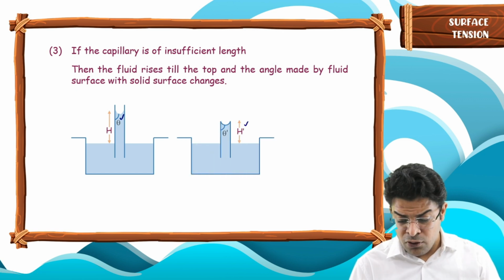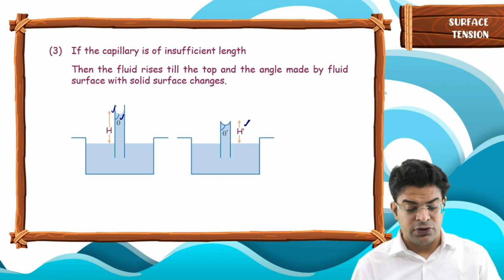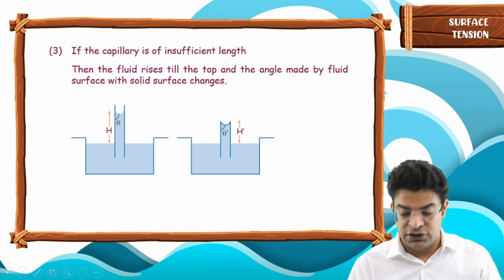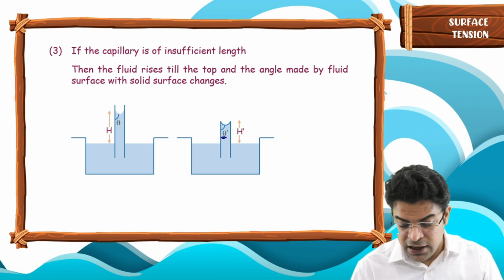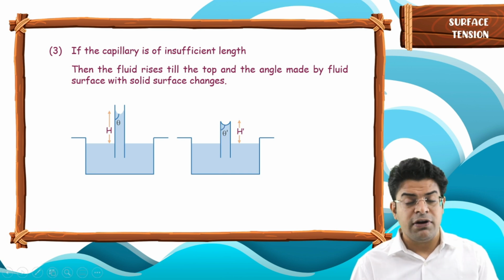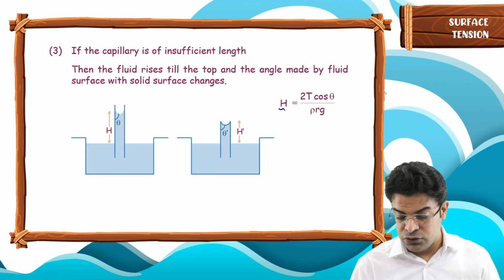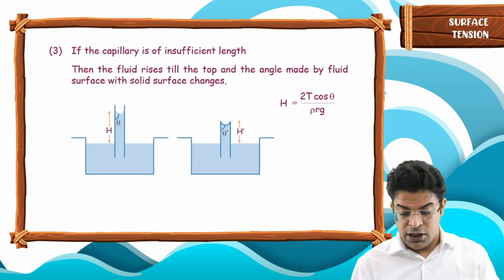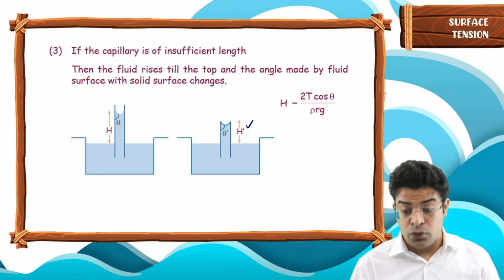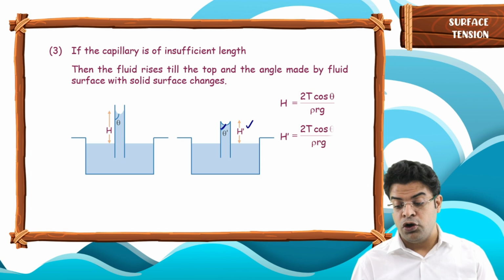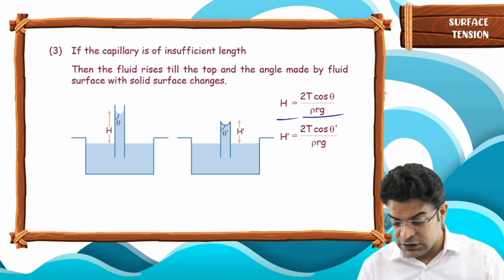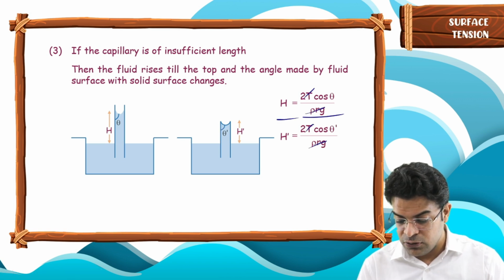Let's say you have got a height h dash less than h, then you can write the equation this way. Let's say now we have a new angle theta dash. You will write the equation as h equals 2T cos theta by rho r g, and h dash equals 2T cos theta dash upon rho r g. Dividing both sides, 2T, rho r g get cancelled.